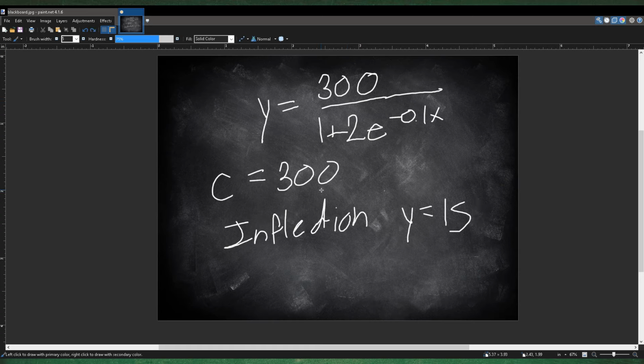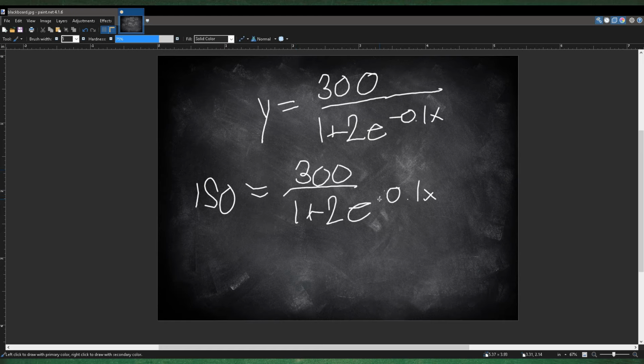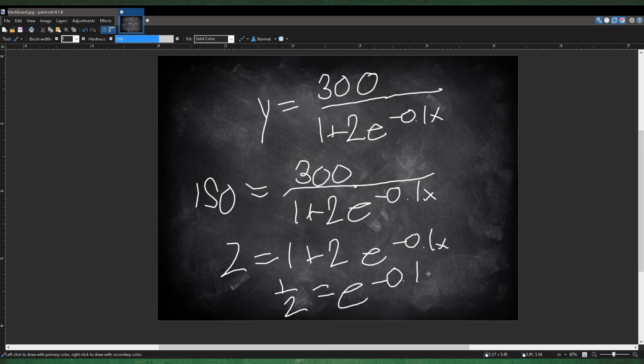So 150 equals 300 over 1 plus 2e to the negative 0.1x. That means 2 equals 1 plus 2e to the negative 0.1x. So we have to find out when this is equal to negative 0.1x.